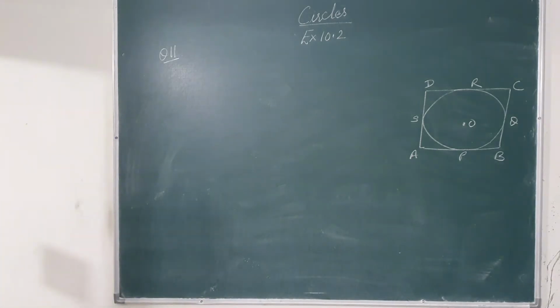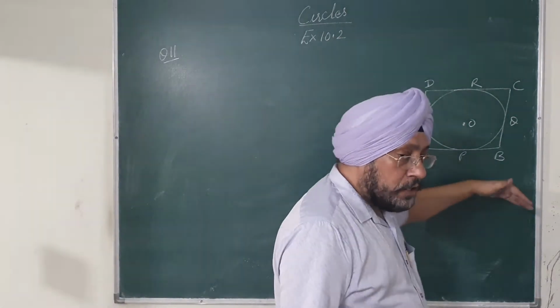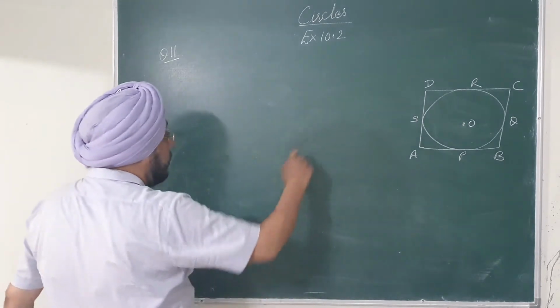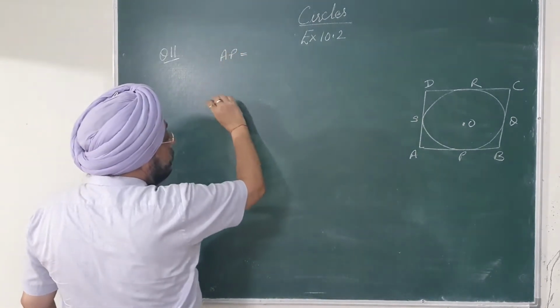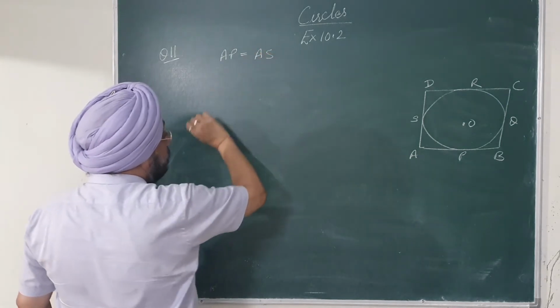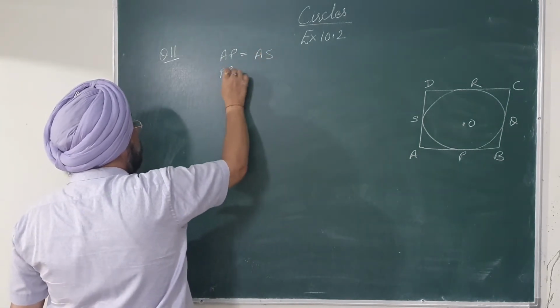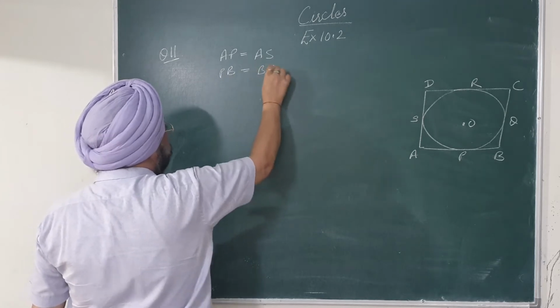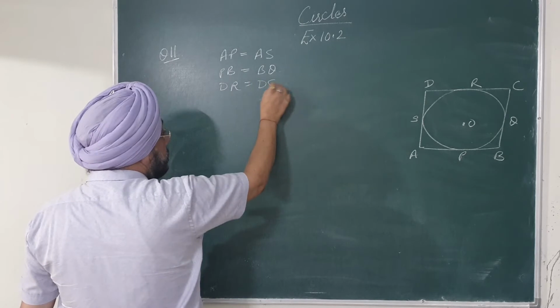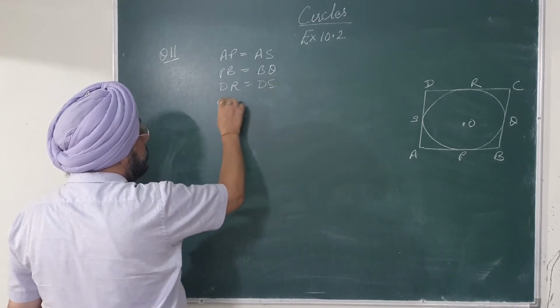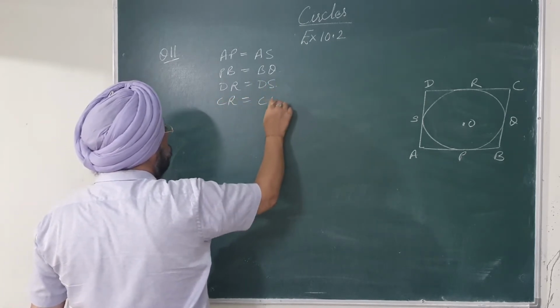Sorry, it must be a rhombus, not a square. Sorry. Let us take AP must be equal to AS, PB must be equal to BQ, DR must be equal to DS, and CR must be equal to CQ.